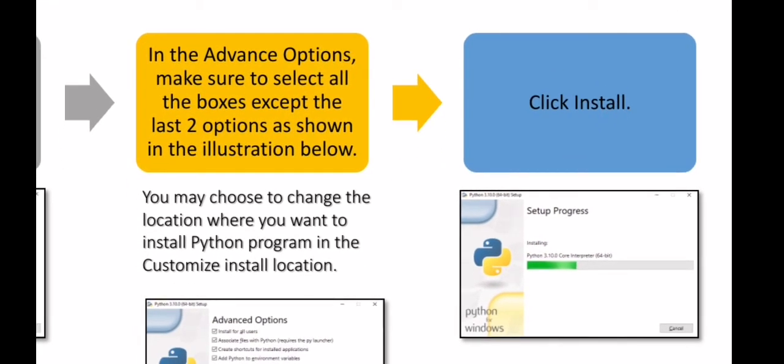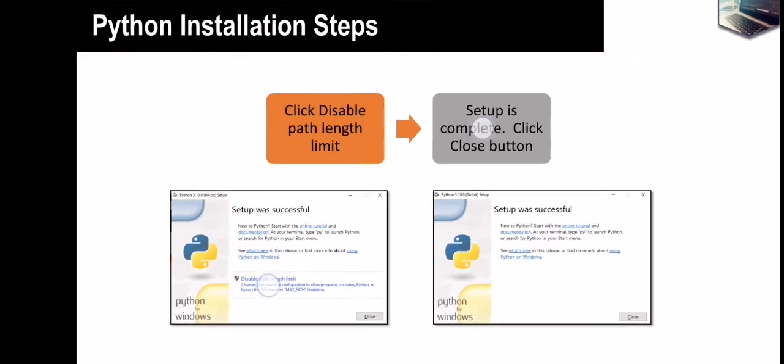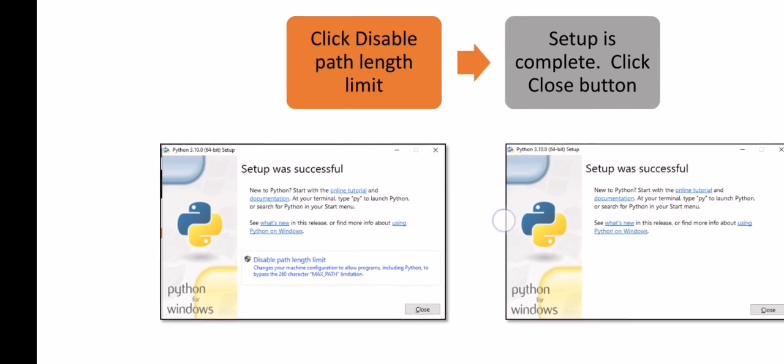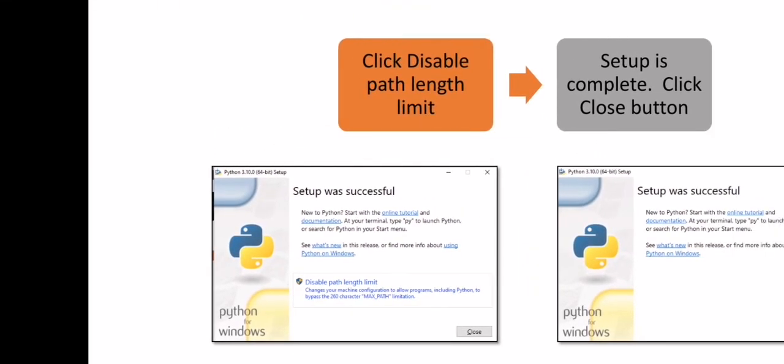The illustration shows that the Python programming language is being installed in your computer. And the last two steps: once the installation file has finished installing, as seen in this screenshot, you go to disable path length limit.